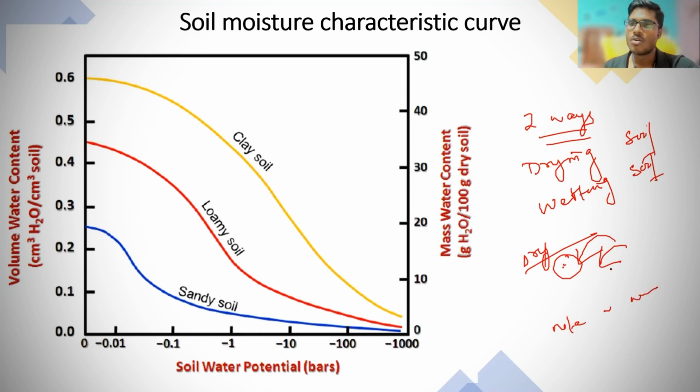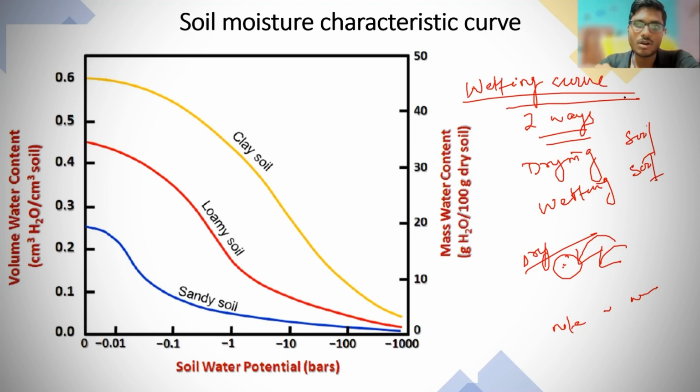This is the wetting curve, because we took initially dried soil and are adding water to it, that means we are wetting the soil, while maintaining the soil water content at different soil water potentials or tensions. Then this graph is known as the wetting curve or sorption curve, because we are wetting the soil. We have taken a soil and dried it, and after that we are adding water to it.